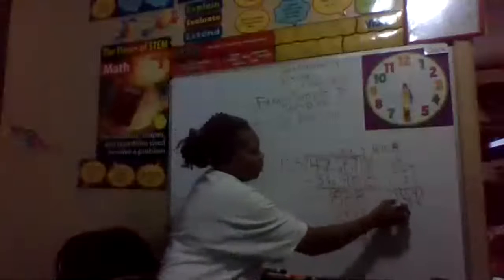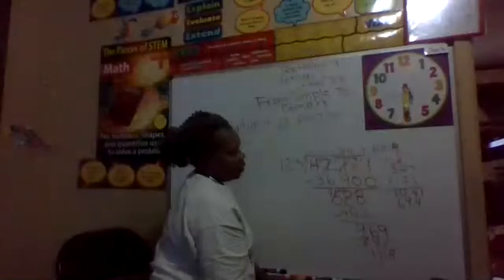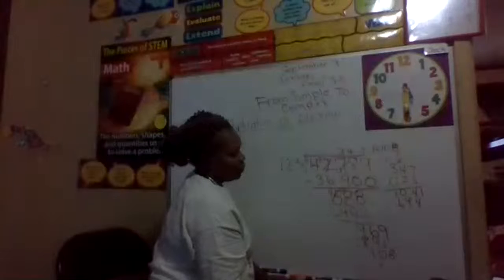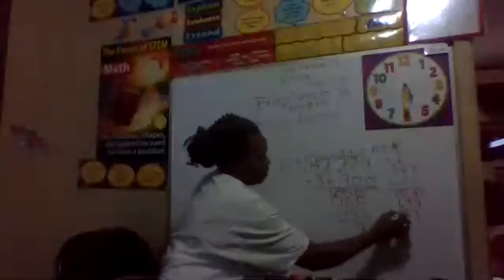We're done with that, so we're putting up the 6. What's next? 1 times 7. Well, that's just going to be 347. But where's the 7 going? The 7's going under the 9. Very good. Now the 4 goes under the 6. Very good. And the 3 goes.